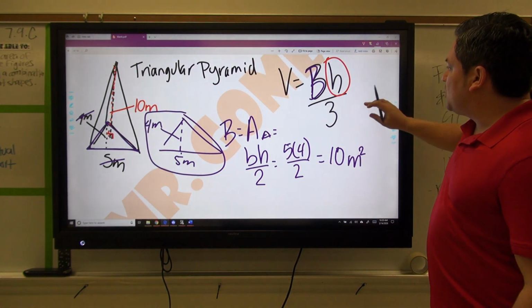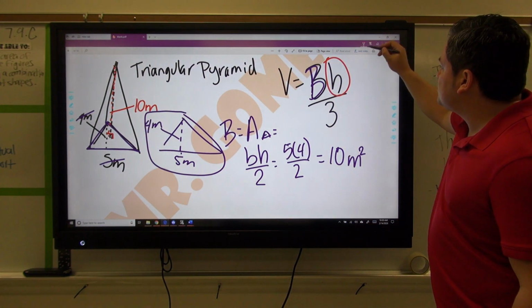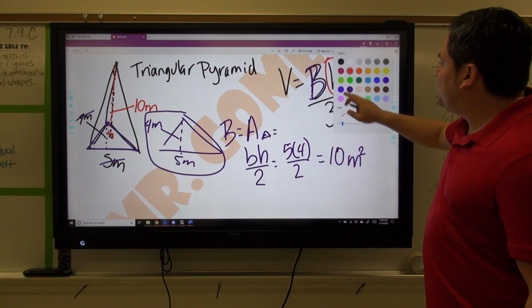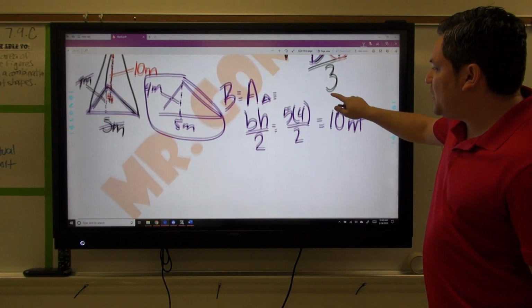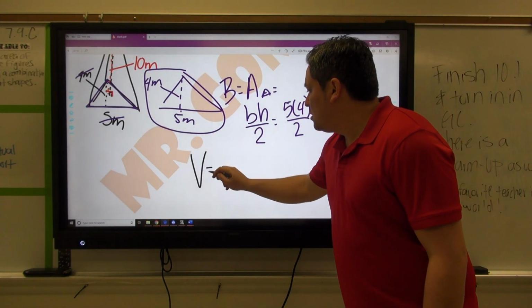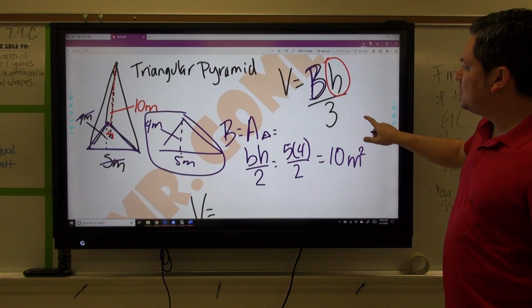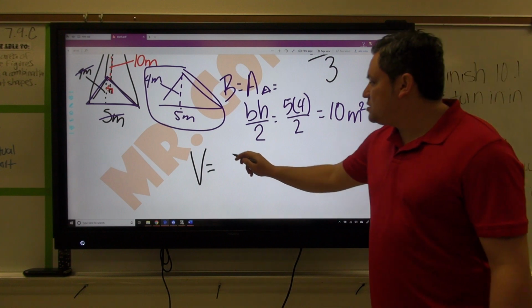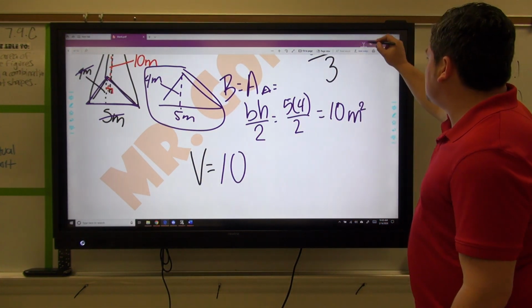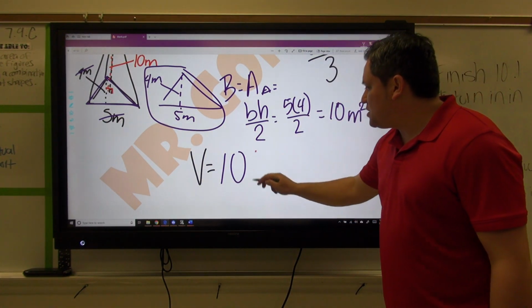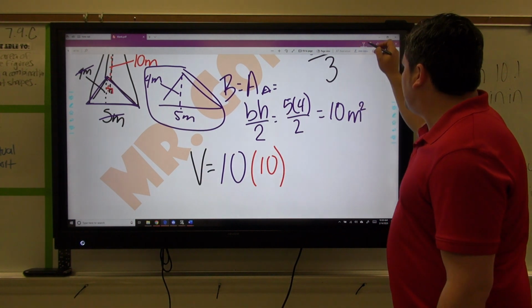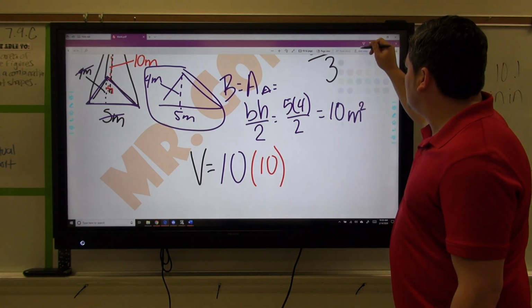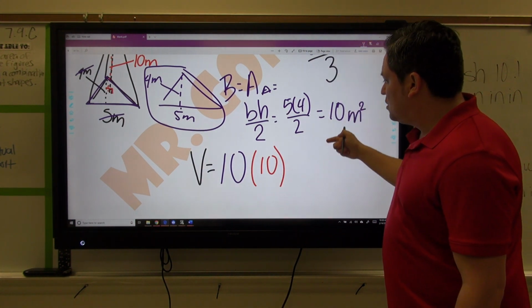Now, I'm going to go back to the volume formula. The volume formula says V equals. Now, do I know uppercase B? Did I just find that? How much is that? 10. What is my height? Times 10. But then after that, what do I have to do? Over 3.